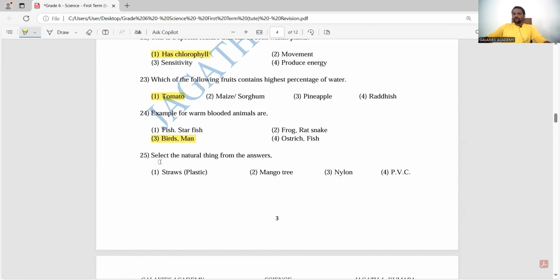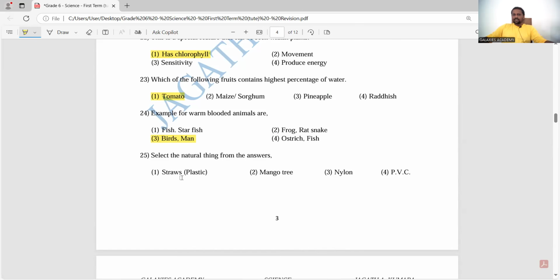Number 25. Select the natural thing from the answers. Natural things. We can also divide things into two groups, natural things and artificial things. Artificial things mean the things that are made by man, right?